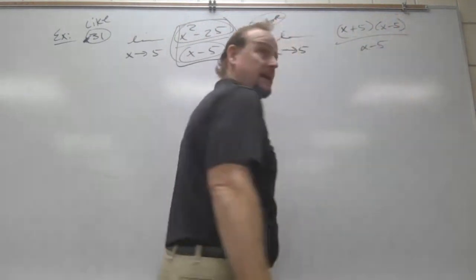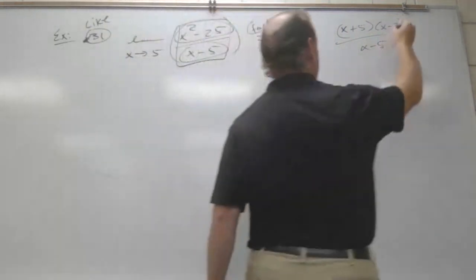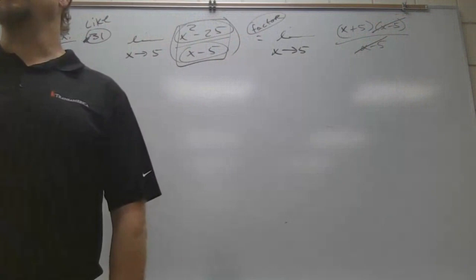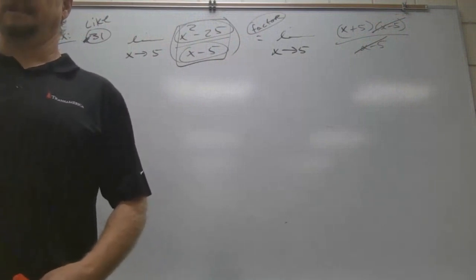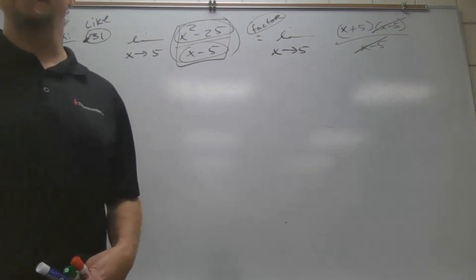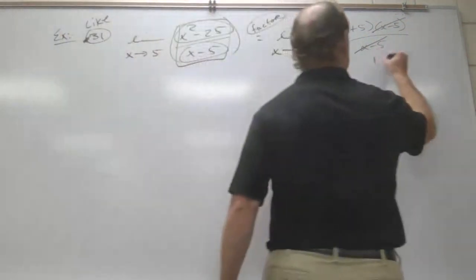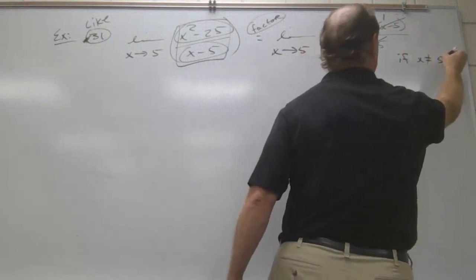Difference of two squares, right? And then what can I do? Can I cancel these out? And what do those cancel to? 1s, as long as x doesn't equal what? So this equals 1 if x doesn't equal 5.